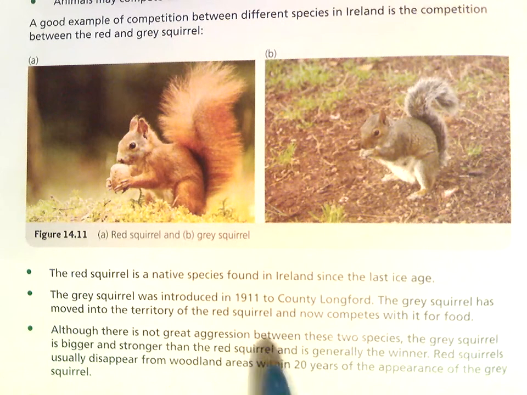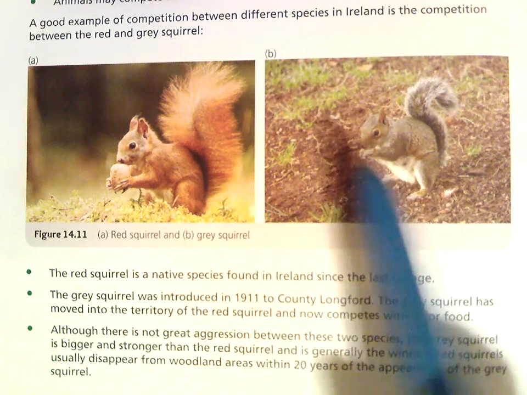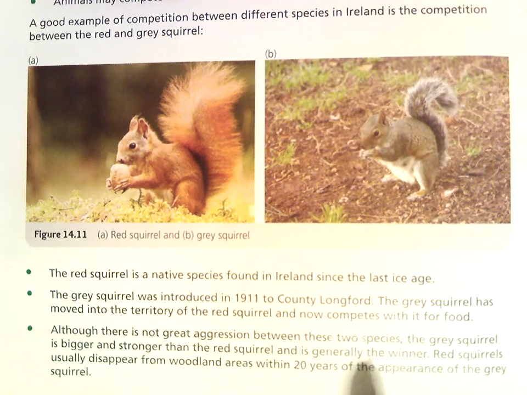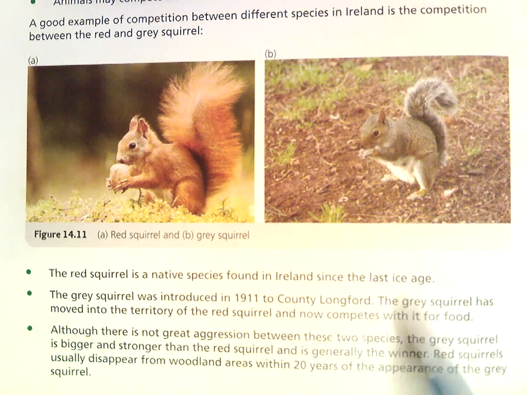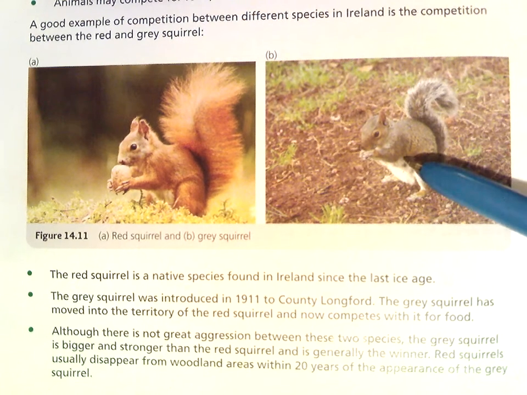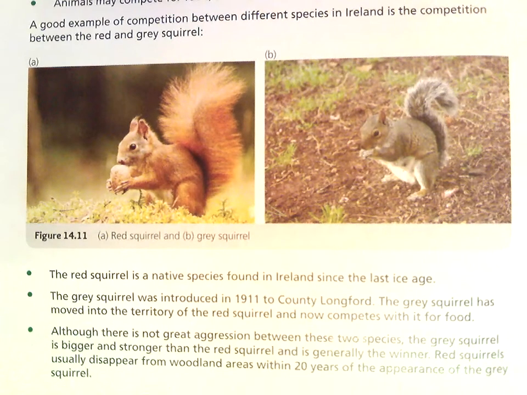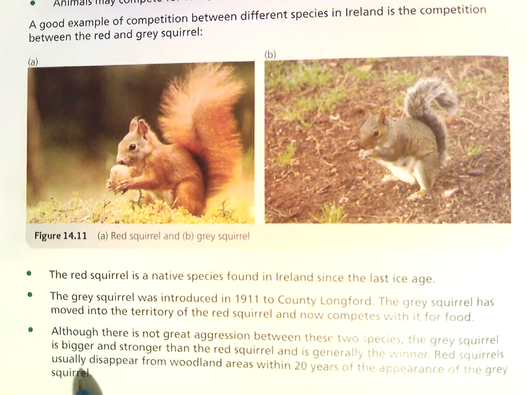Although there is no great aggression between these two species, it's not like they're having a battle with each other. The grey squirrel is bigger and stronger than the red squirrel and is generally the winner. It gets to resources quicker and faster. When grey squirrels come into an area, the red squirrels usually disappear from woodland areas within 20 years of the appearance of the grey squirrel.